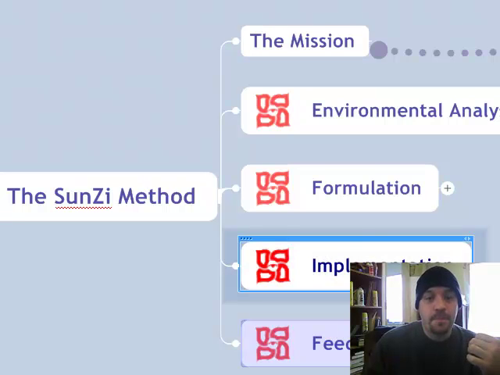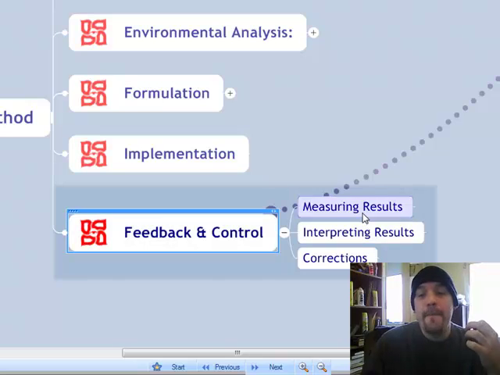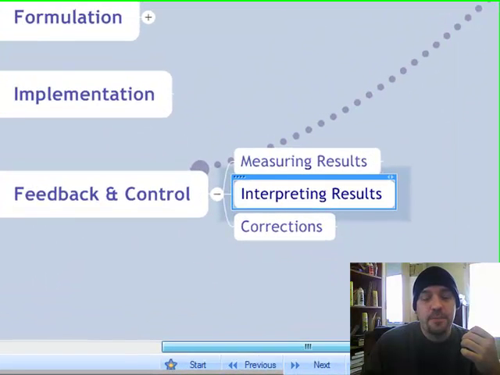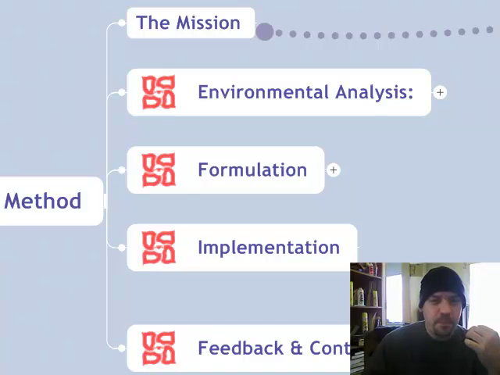The final step is feedback and control. You want to measure the results that you've gotten. You want to interpret those results, and you need to make corrections based upon those results. So that's really a 3-step process as well.